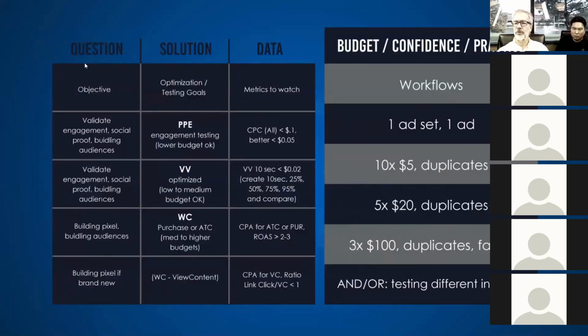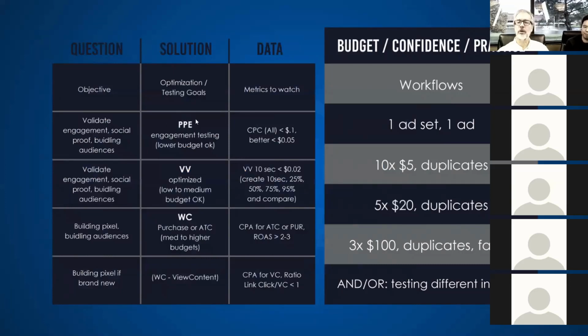So this is like a questionnaire. It's a little bit of a different way to skin the same cat. It starts with the question, ask yourself, what is your objective? If you want to validate that you have engagement, make sure that you get social proof on your ad campaigns, and build audiences, then your solution would be a PPE ad or possibly a video view ad, because these are good for engagement testing, and they work with lower budgets because you get a lot of page post engagements all the time.